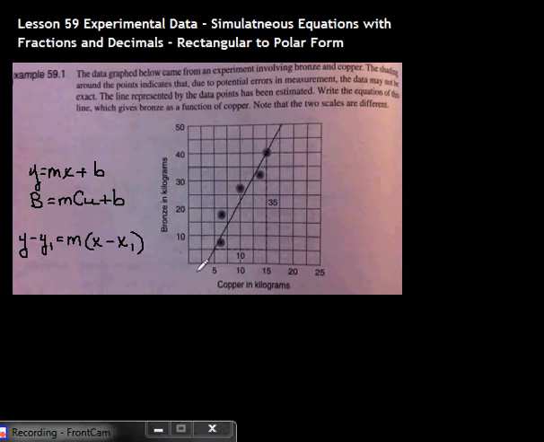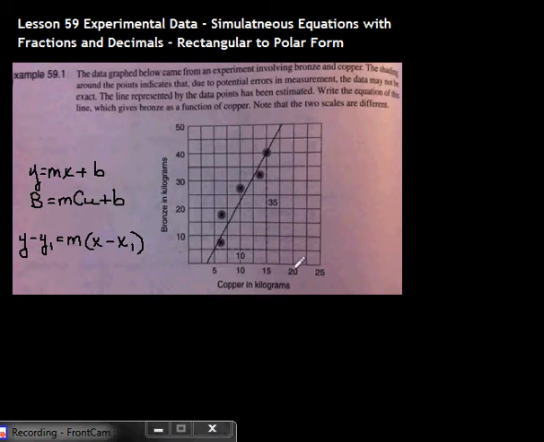In your book the lines are drawn for right now. Maybe later on in the book they don't draw the lines and you have to approximate your own line. So they drew a line that's approximately like, if you kept going, if you had 20 kilograms of copper, you might have, up here into the 70s of bronze.